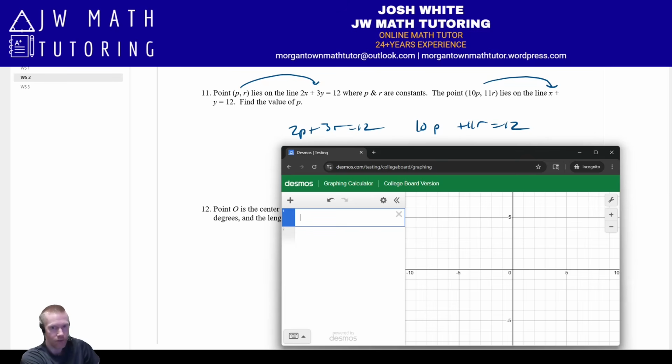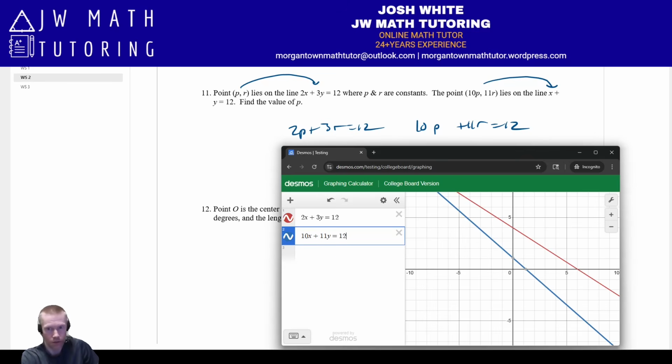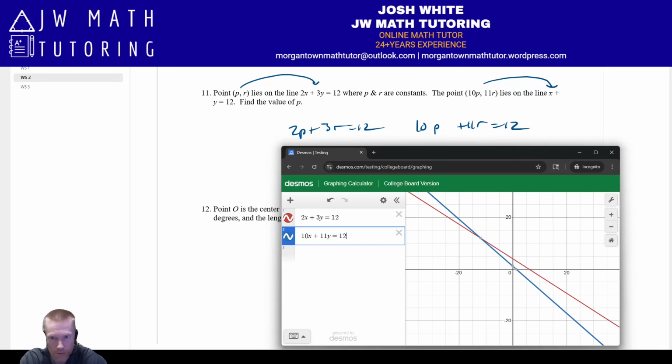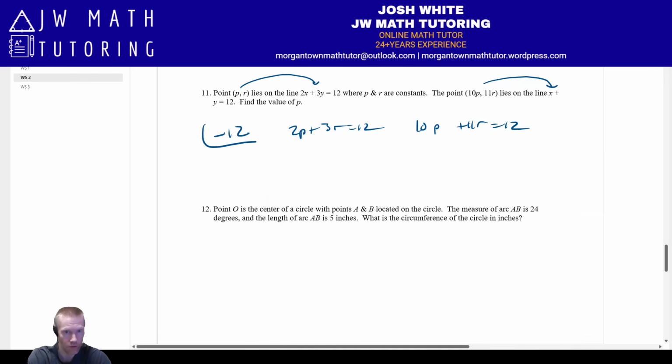Now, I have to use x and y if I'm going to use the graphing approach. Okay, so let me see. Yep, so right here is my solution. P is equivalent to x, so therefore I got the answer of -12.